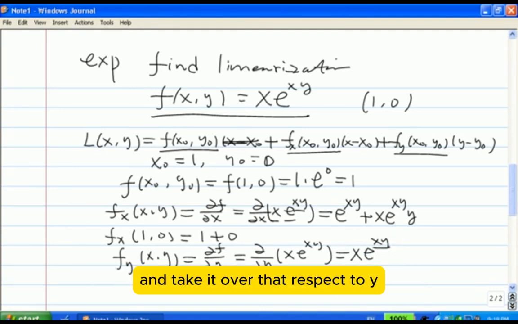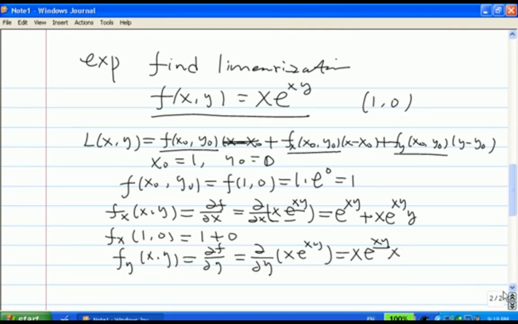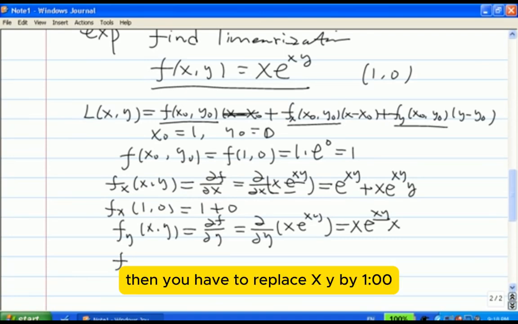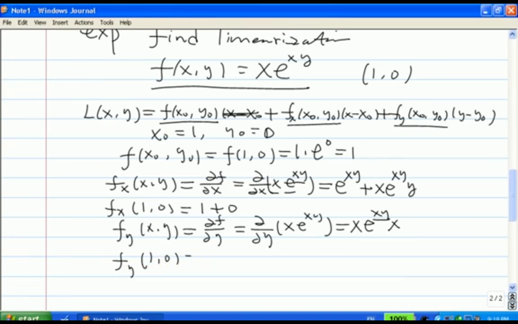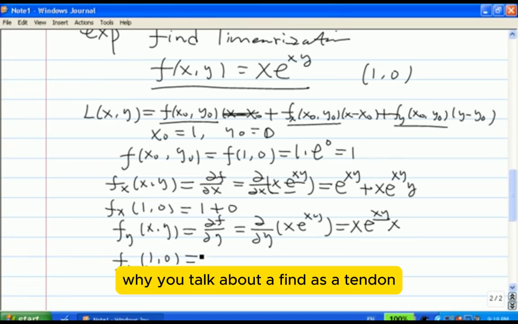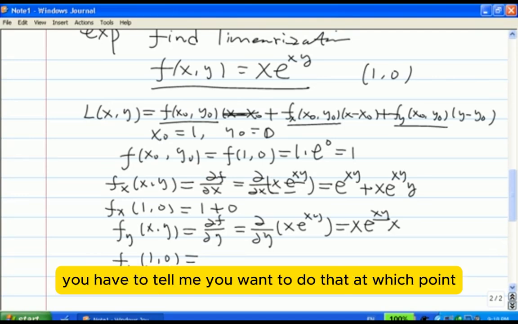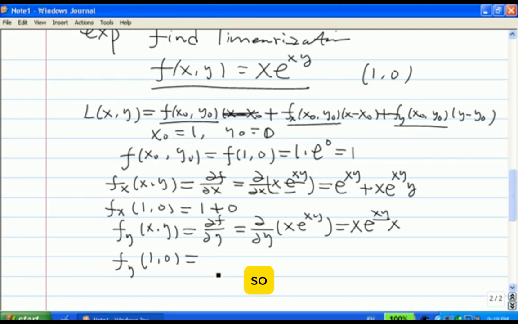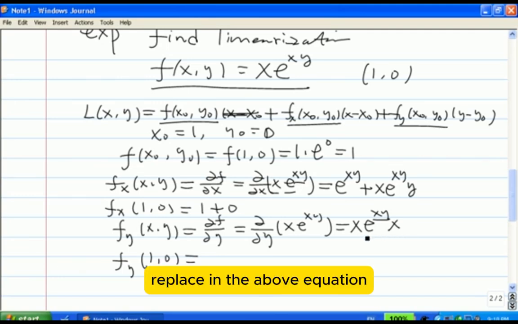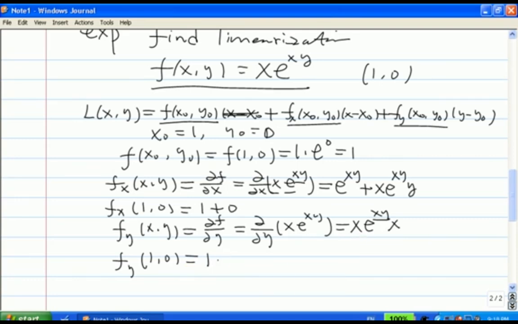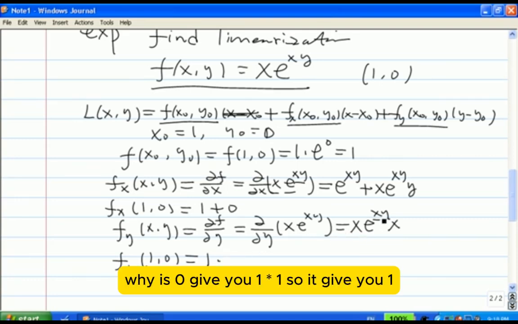Then take derivative of that with respect to y, treat x as constant, to give you this. Then you have to replace (x,y) by (1, 0). When you talk about finding the tangent plane or linearization, you have to tell me at which point you want to do that. Okay. So replace in the above equation, replace x by 1. 1 times y is 0, gives you 1 times 1, so it gives you 1.